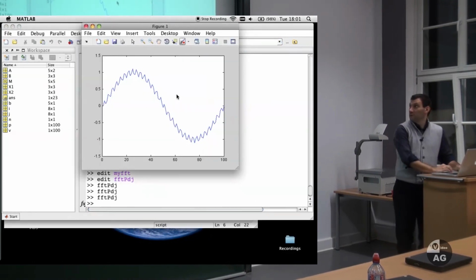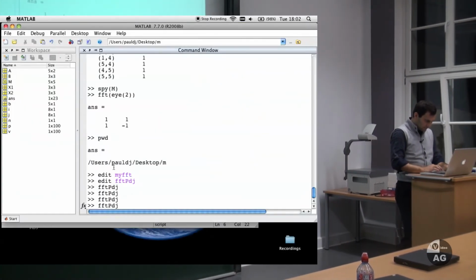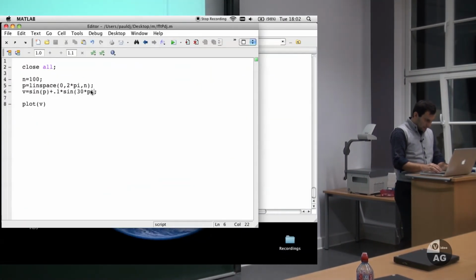Here we go. And let's keep doing it. Let's add something more. 0.4 sine 40p. Okay.